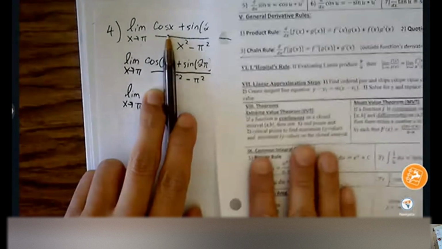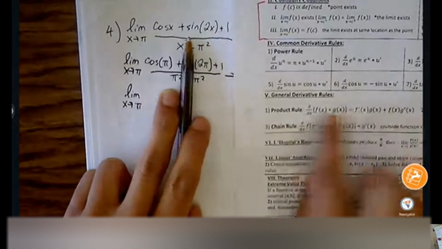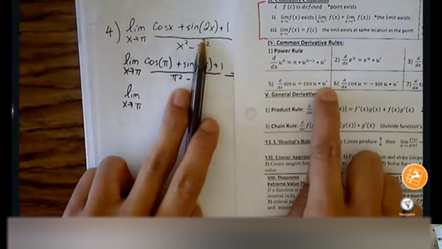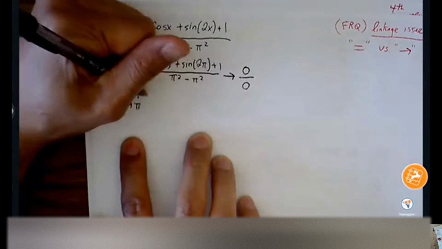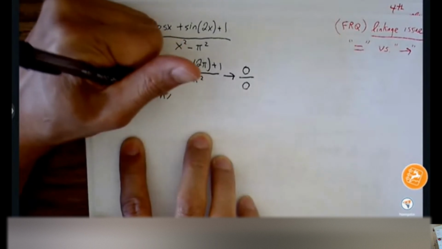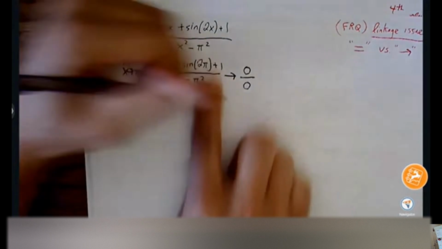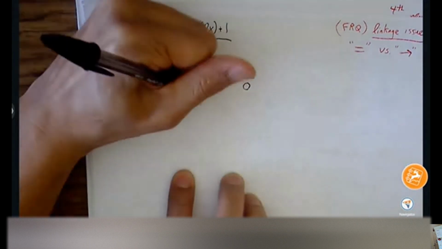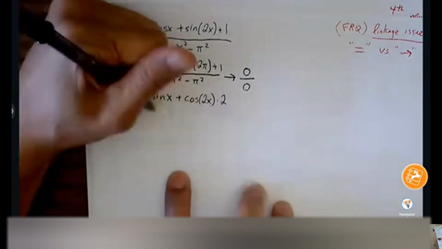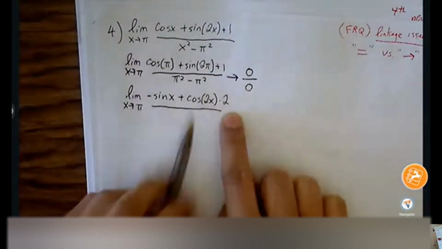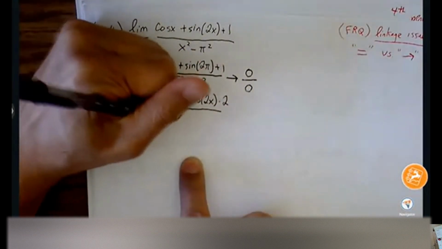As a reminder, cosine's derivative is negative sine. Sine of u becomes cosine of u times u prime. So cosine becomes negative sine of x. Sine of 2x becomes cosine of 2x times 2. The plus 1 will go to 0. x squared becomes 2x.